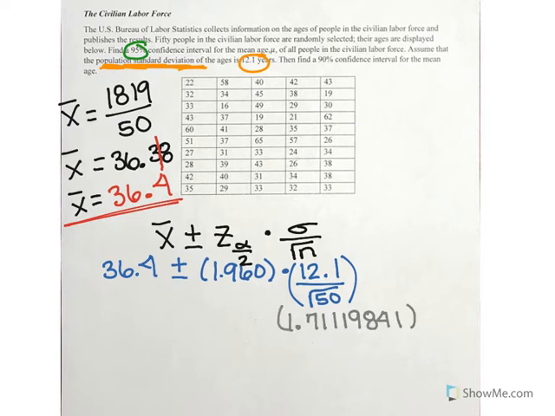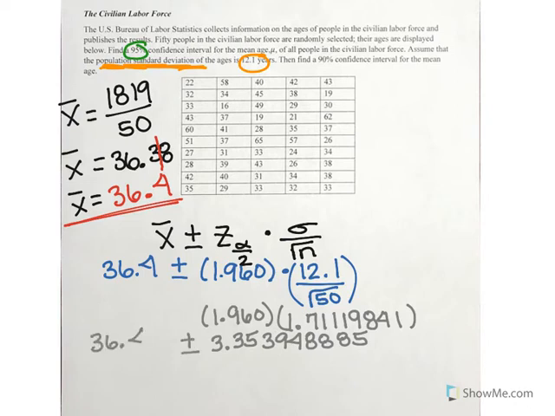That's what I get when I divide. Then I multiply that number by my z-score of 1.960. That would give us 3.353948885. That's where my number stops, and that's what we're going to plus or minus to 36.4.